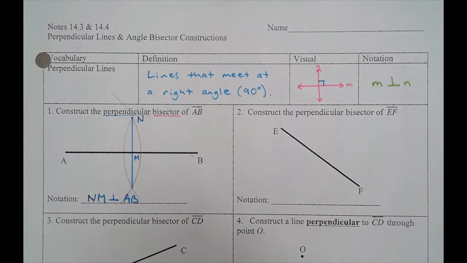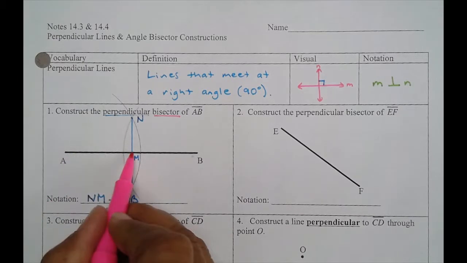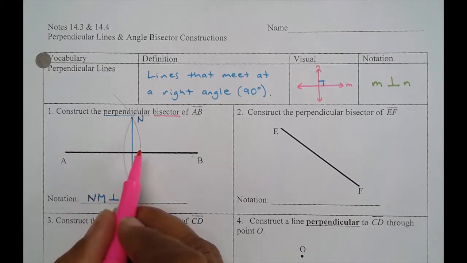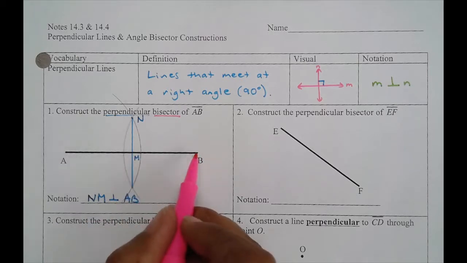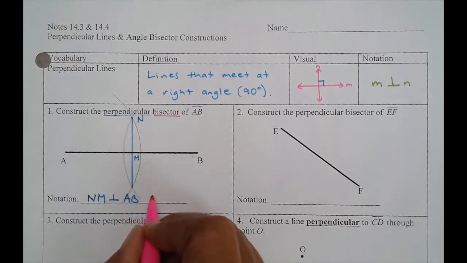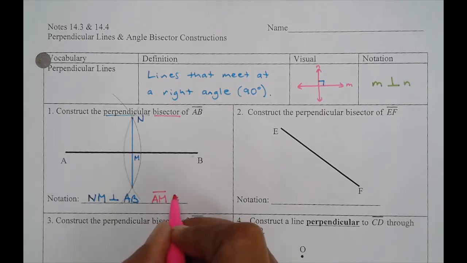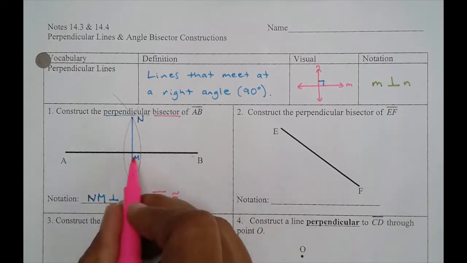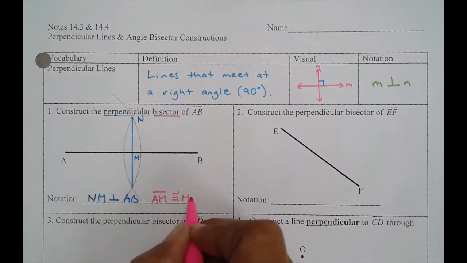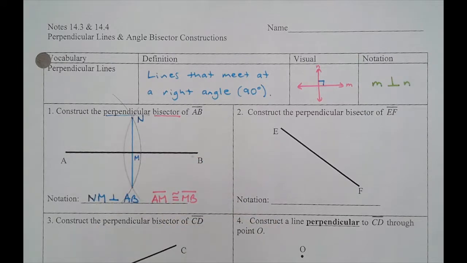So if it splits it in half, that means the length from A to M is equal to the length from M to B. So another notation that we're going to say is that AM, and you can use the little line on top to show that it's a segment, is congruent, that means equal in measure, to MB. Okay, so those two notations right there show that it's a perpendicular bisector splitting it in half.